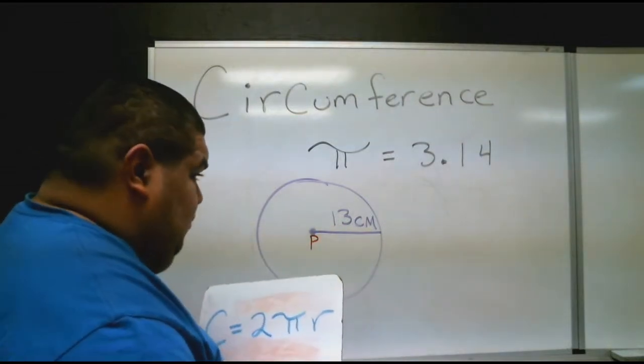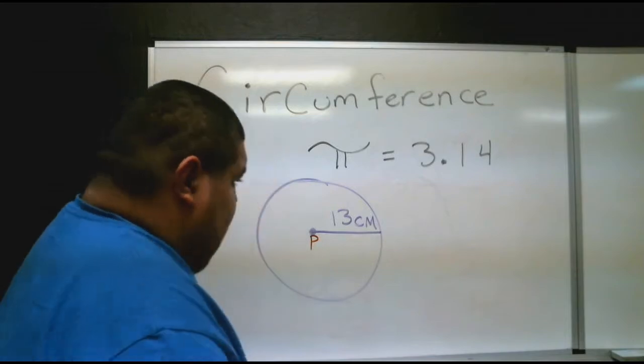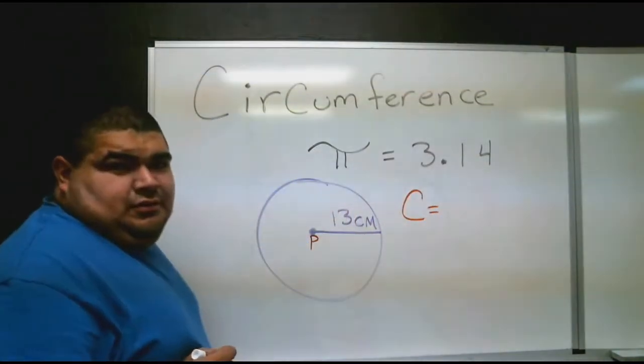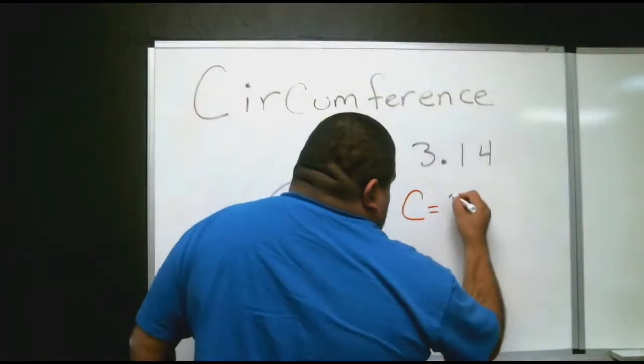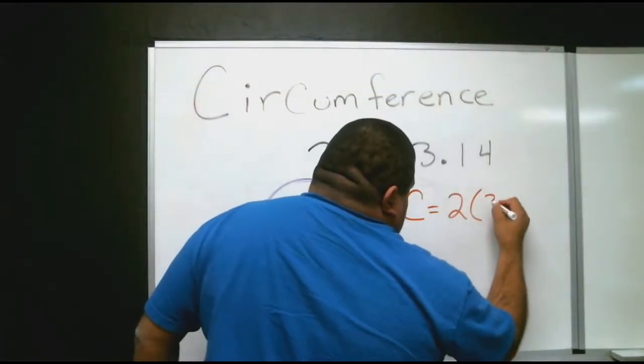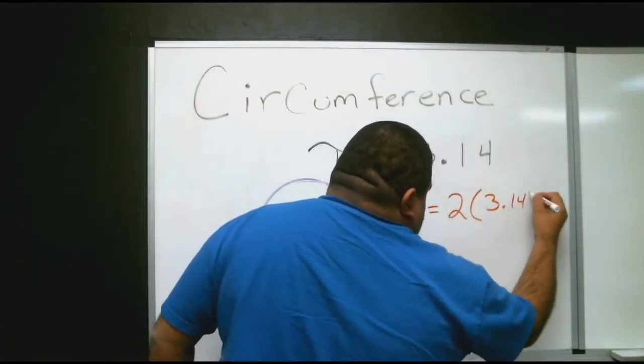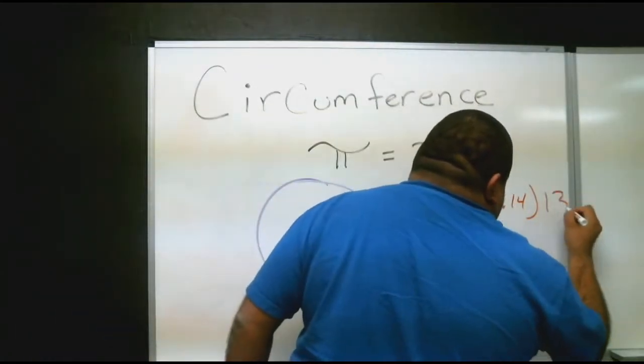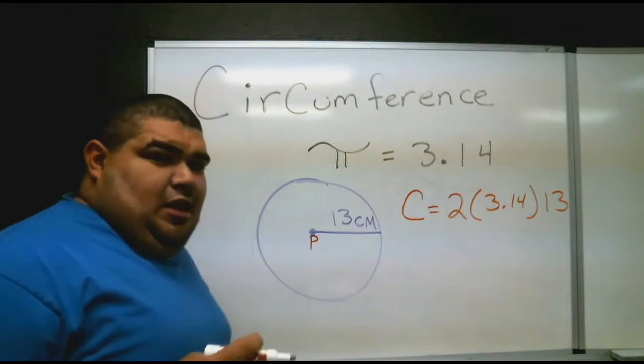So circumference equals 2 times 3.14 times 13. This is where we need the calculator.